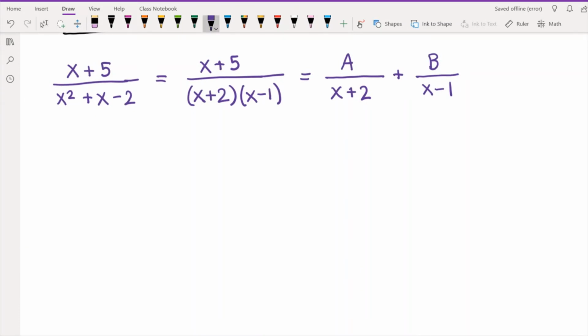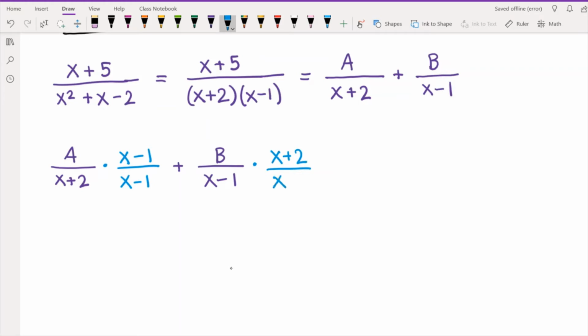So first step would be to make a common denominator, the same way that we did with the other ones. So we're going to multiply each of these by what's missing. This first one will be x minus 1 over x minus 1, and then the second one will be x plus 2 over x plus 2. Okay, so let's see what that gives us. For the first fraction, we're going to get ax minus a, and our new denominator is x minus 1 times x plus 2.